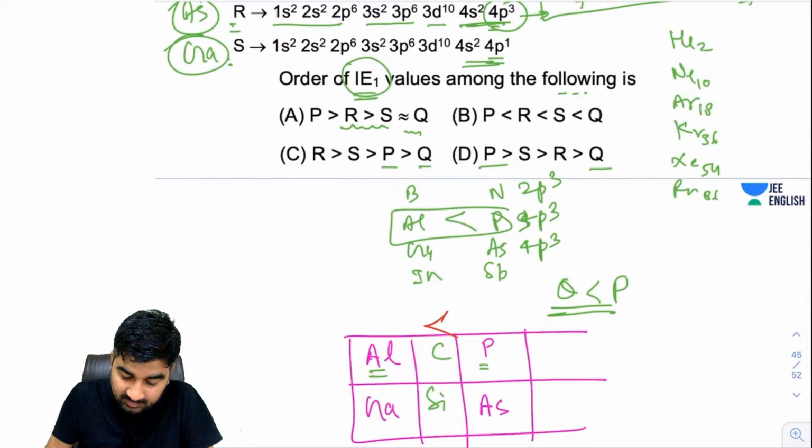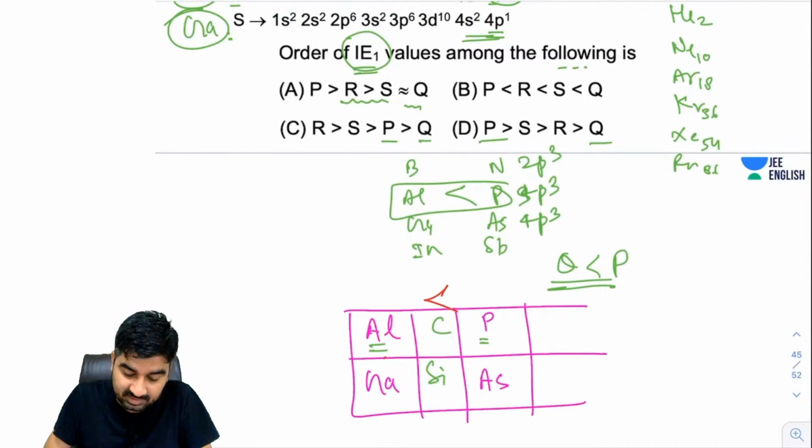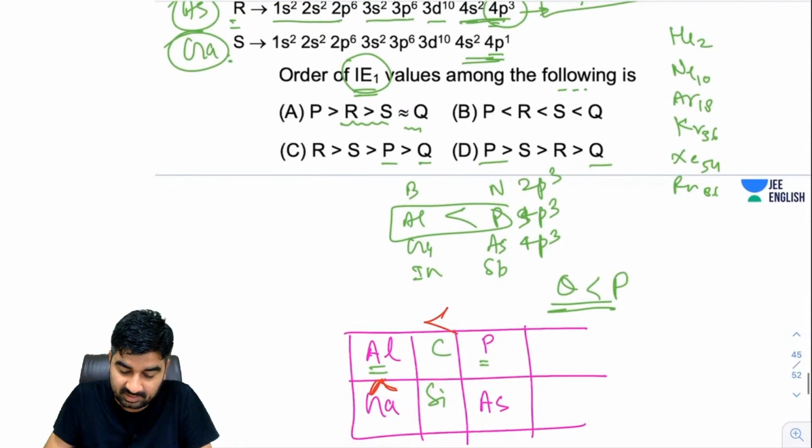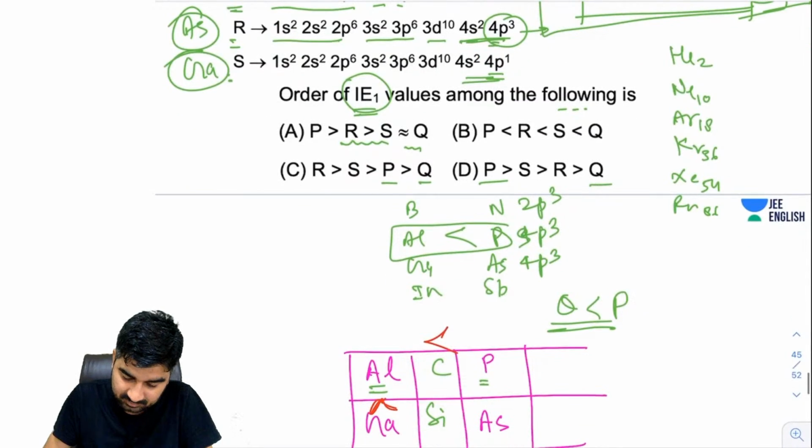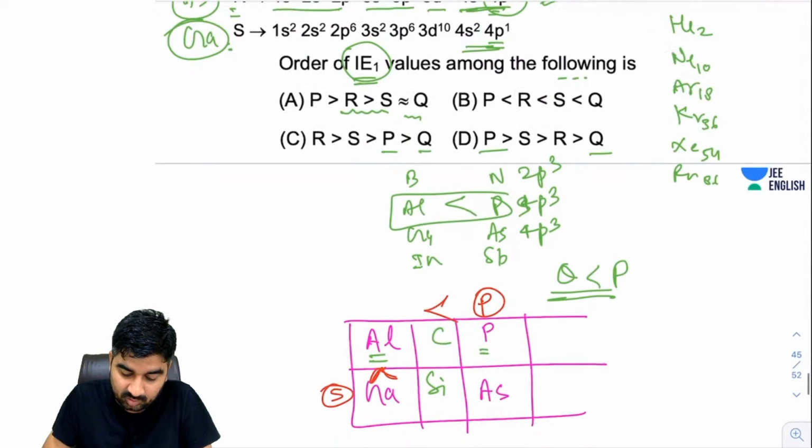After that, aluminium and gallium, which will have larger ionization energy? Last time exception, it is gallium. So gallium is here, S. It is P. So aluminium will have, and gallium and As, which will have larger ionization energy?